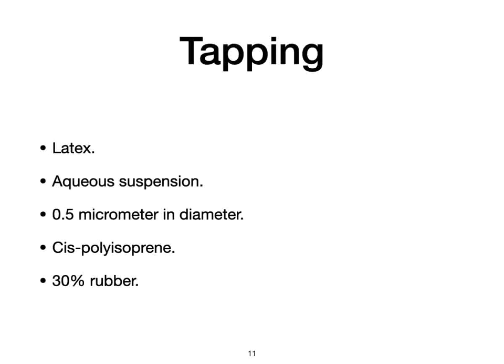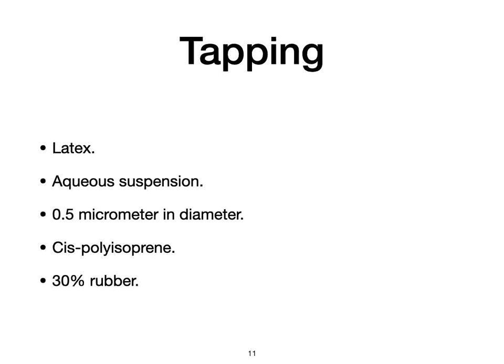Tapping. When the bark of the rubber tree is partially cut through, or tapped, a milky liquid exudes from the wound and dries to yield a rubbery film. The biological function of this latex is still obscure. It may help wound healing by protecting the inner bark, or it may serve other biochemical functions.